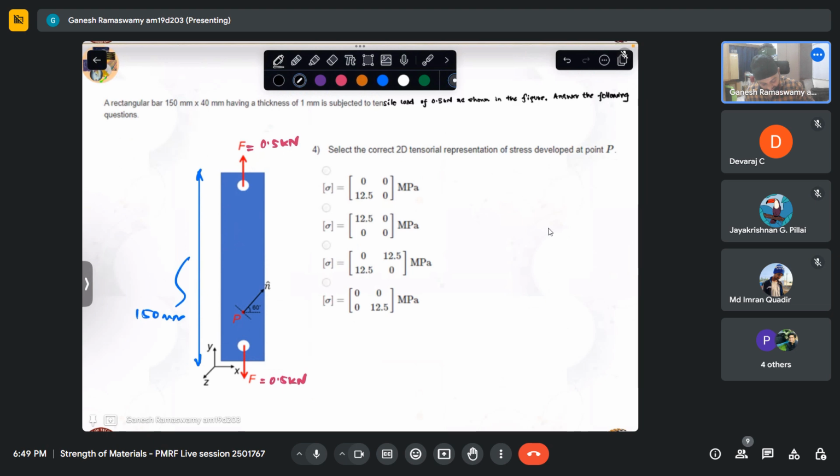So what we'll do, we will cut a section like this, and when we cut that body and look at that section, we will actually see a rectangle.